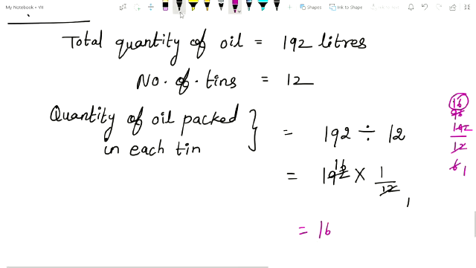16 liters. So for quantity of oil we have to use the unit liters. So quantity of oil packed in each tin equal to 16 liters. So what is the answer?